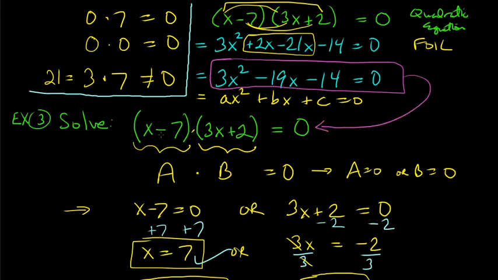And for lack of a better term, we can call this factored form. This is factored form here, because it's factored. So now you can see the tie-in to what we've been doing in this whole chapter, which is factoring.